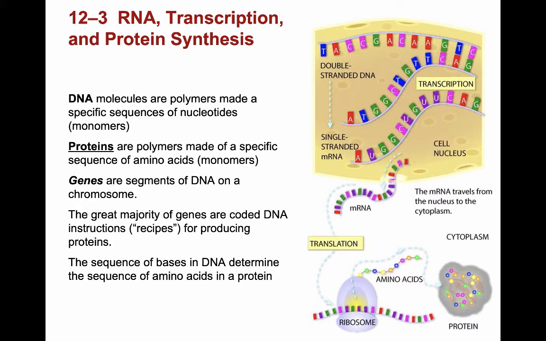And that recipe is written out in sort of a coded language in the bases of DNA. Those A's, T's, G's, and C's in a DNA molecule will determine the sequence of amino acids in a protein. And that sequence of amino acids will determine the structure and the function of the protein.